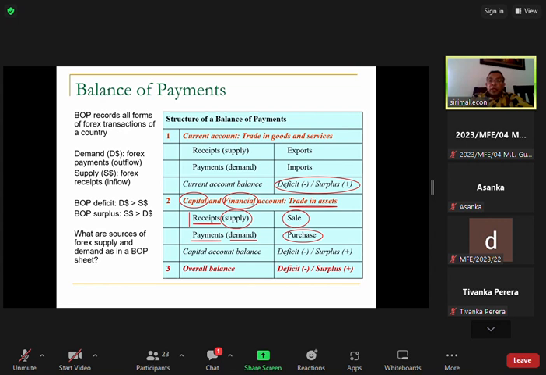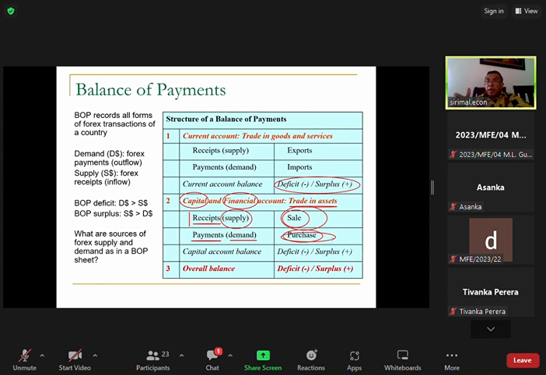So when we sell our financial assets, we bring in foreign exchange, but when the foreigners return them, we purchase them back, so that will create a payment.